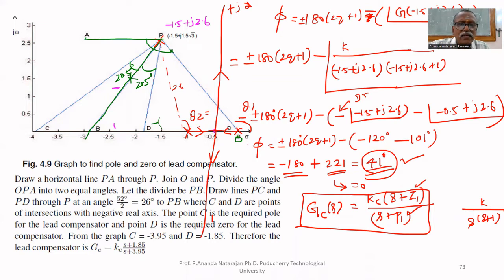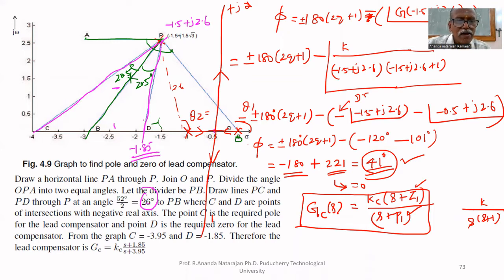Draw a line at 20.5. Draw another line at 20.5. It cuts at minus 1.85. The angle was taken as 26 degree wrongly, but it should be 21 degree. But anyhow, let us take that approximate value.